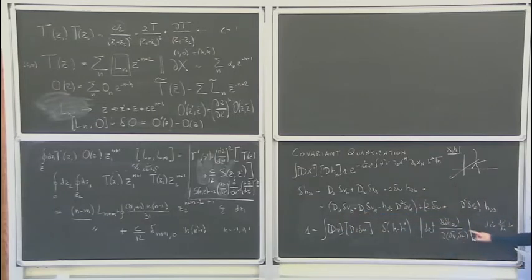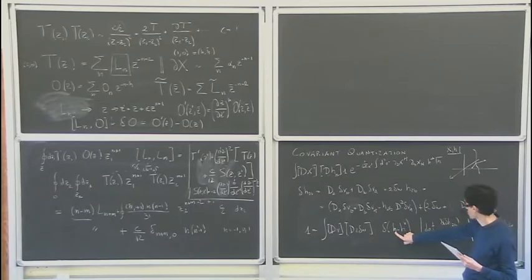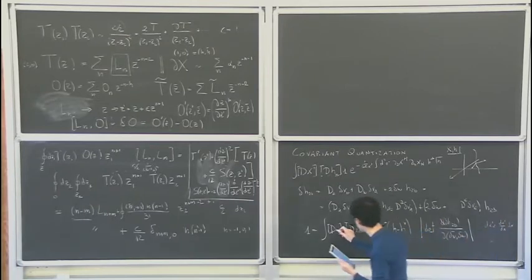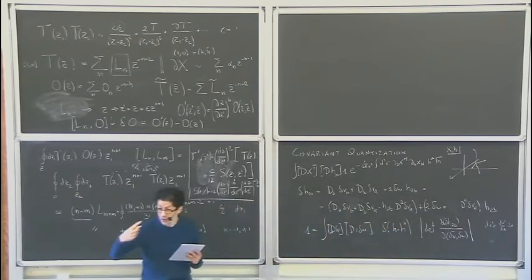And this delta h is the variation of our reference metric h to a new metric that is obtained by doing a gauge transformation generated by dv and d omega. So dv and d omega are the things you are integrating over.